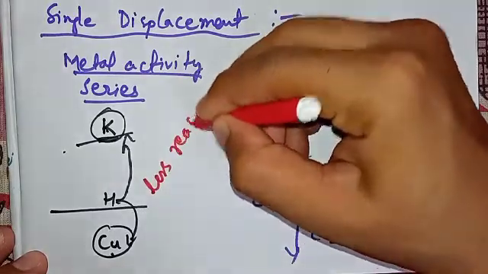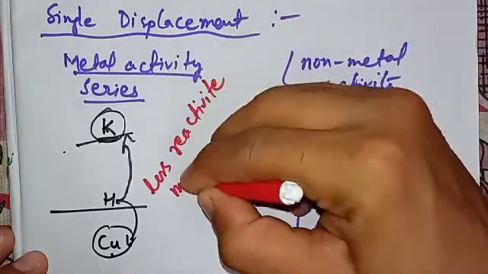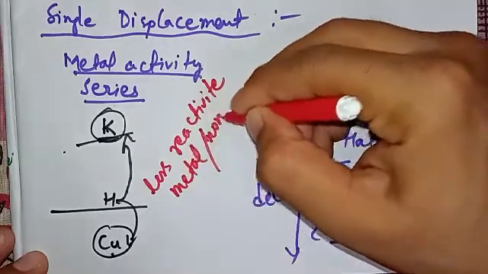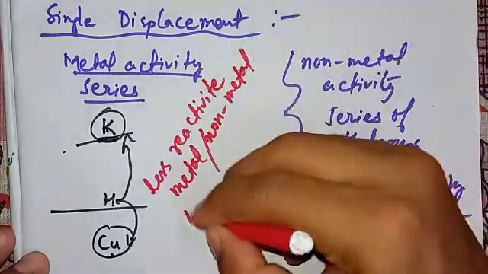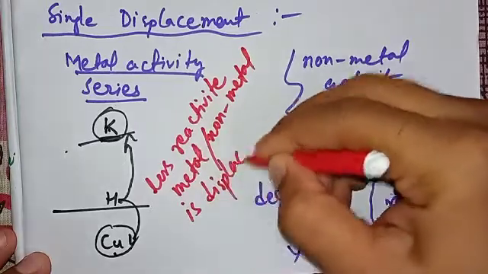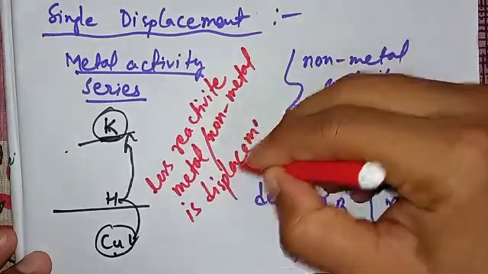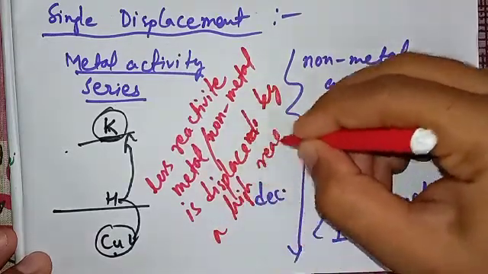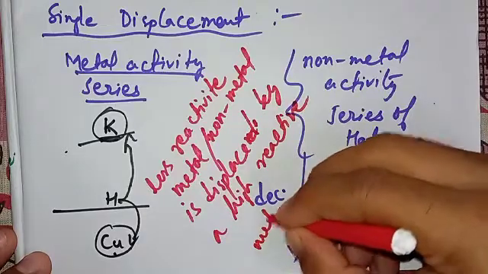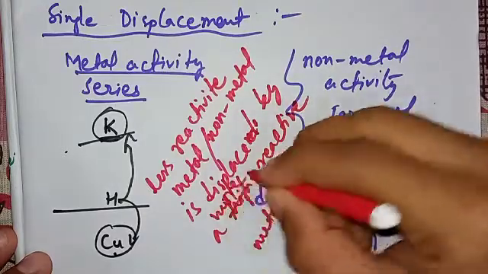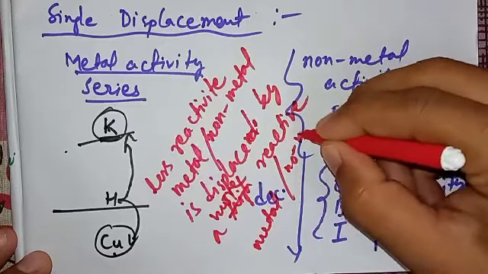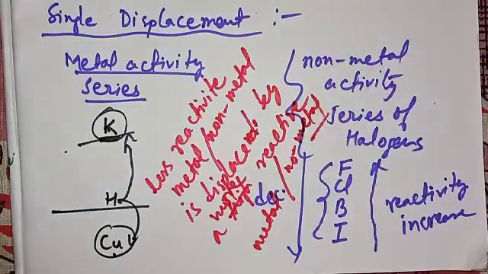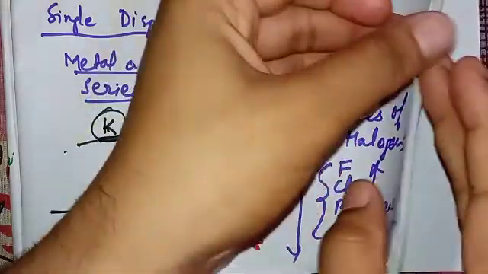A less reactive metal or non-metal is displaced by a more reactive metal or non-metal. Let us have examples to understand this one, because most of the reactions which we are going to learn are based on this type. Okay, single displacement.